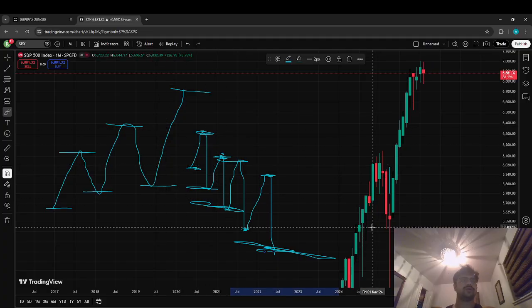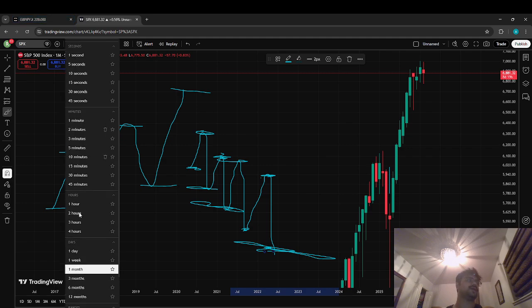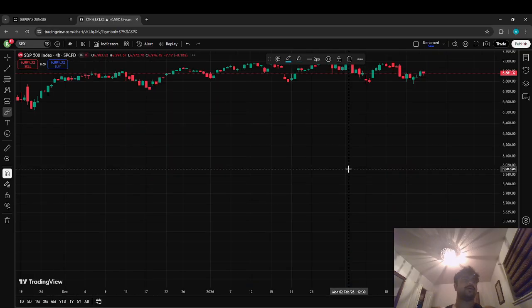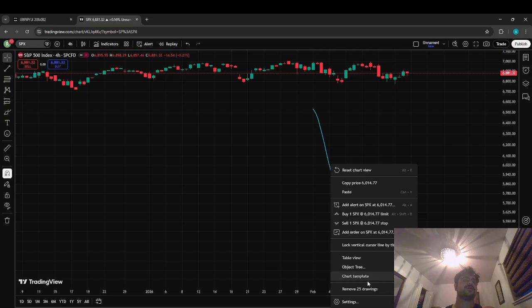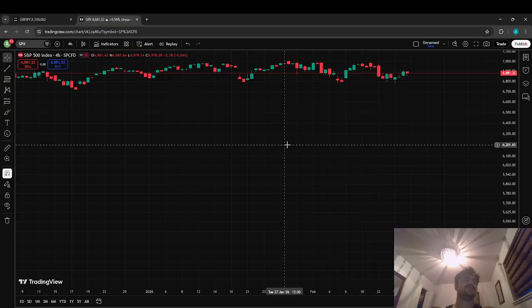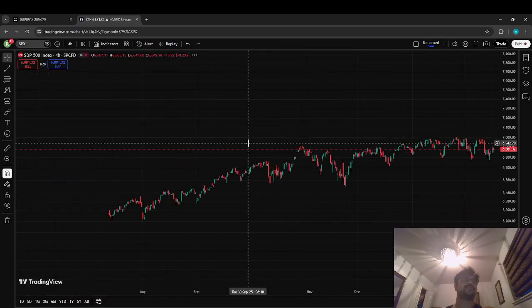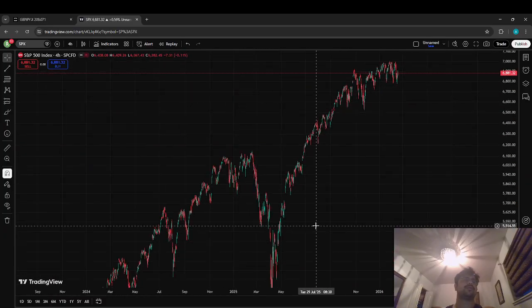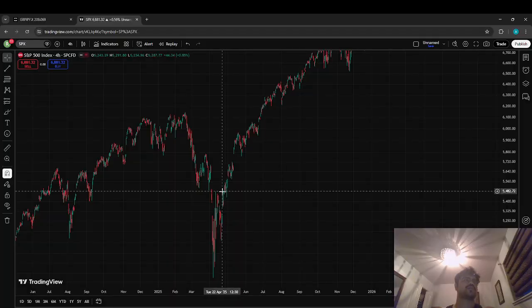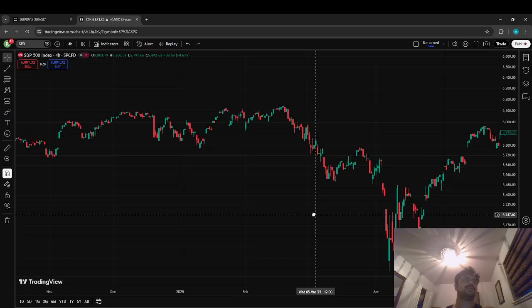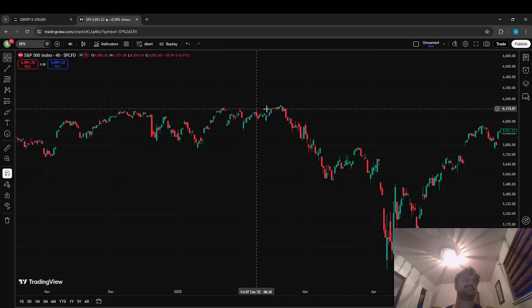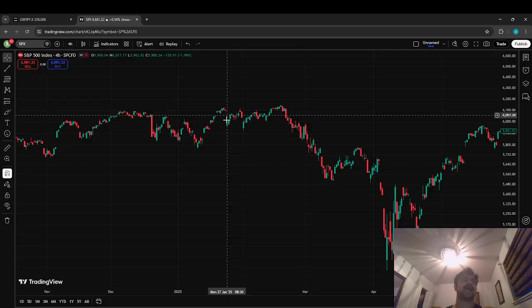So let me show you in the S&P if we go to, let's say, 4 hour, right? Remove alternative drawings. Okay, cool. You guys see these gaps as well.